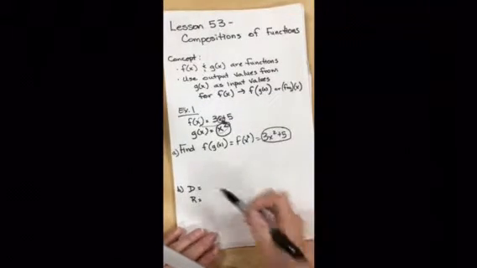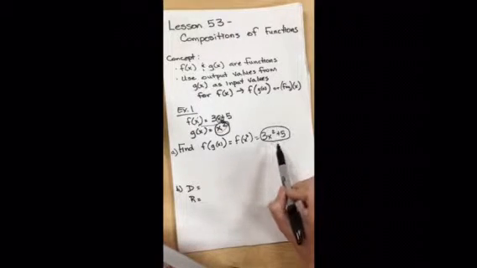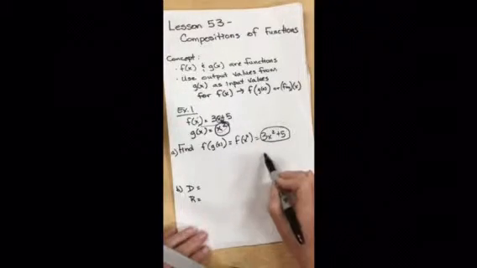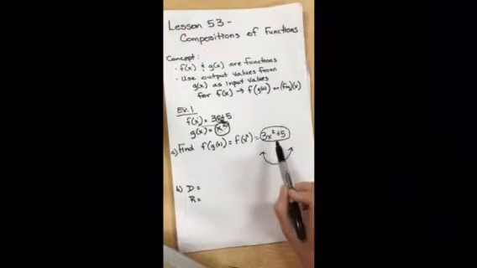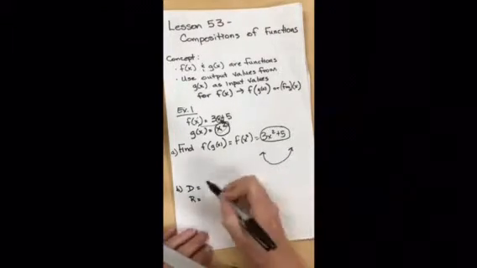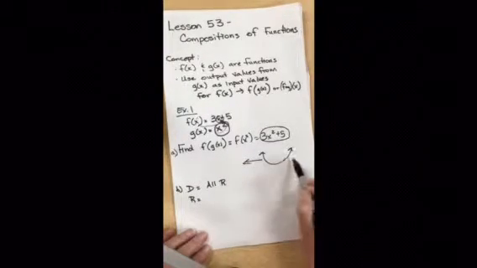Pretty simple. Now, we also need to find the domain and the range. And as you know, a quadratic equation looks something like this, right? The domain is going to be all reals, because it goes forever this way and forever this way.